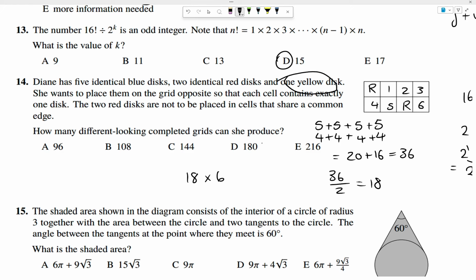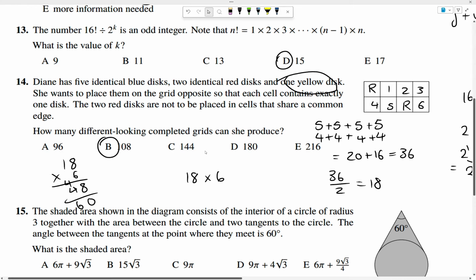Does that make sense? Okay. 18 multiplied by 6 is 108. So I'm going to go with 108 as the answer.